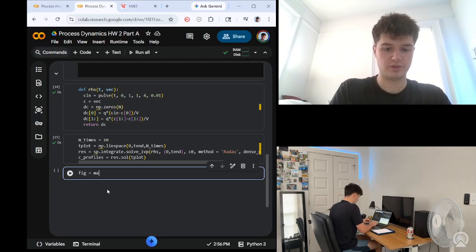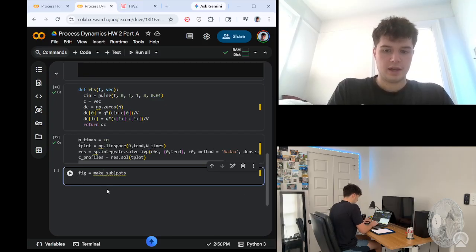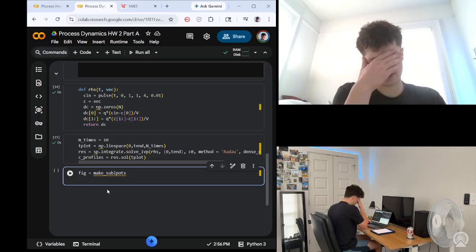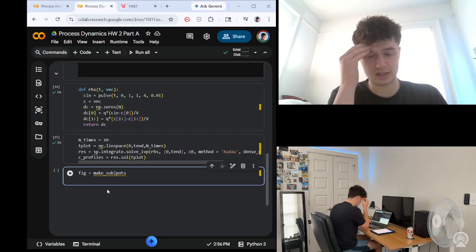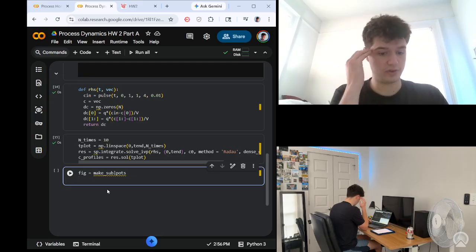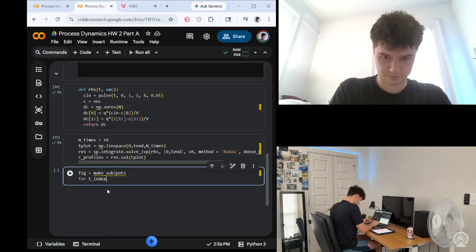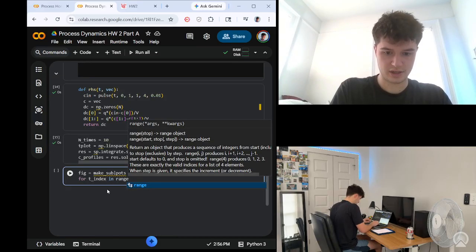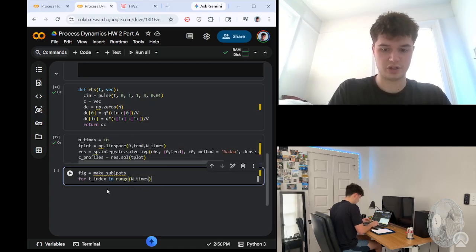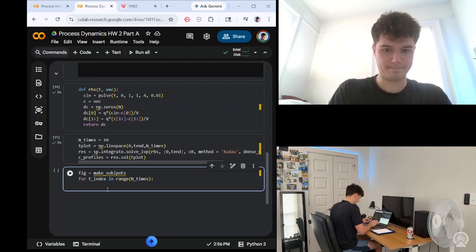So fig equals make_subplots. Now, it has to index at the amount of times that we want it to. So for this, the equation is going to be for t_index in range, and this is the variable n_times, which we set to 10. So this will show us 10 indexes.